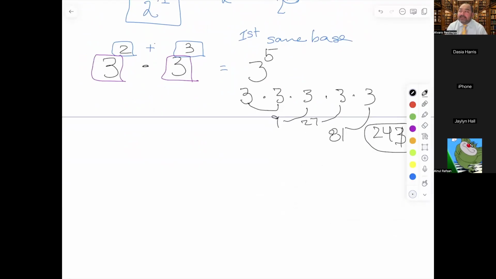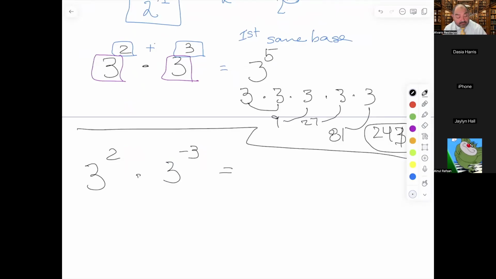What happens if, let's say, I have 3 to the second times 3 to the negative 3? What am I going to do here? Do I have the same base? Yeah. Okay, I'm going to keep the base.